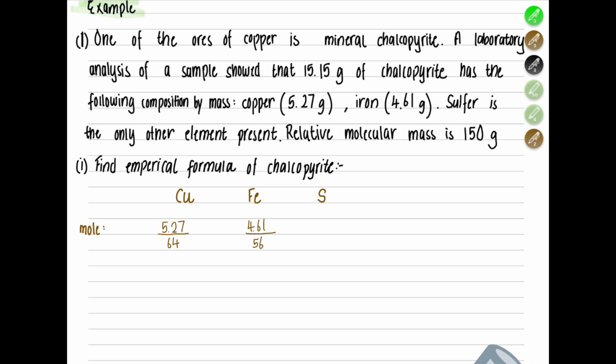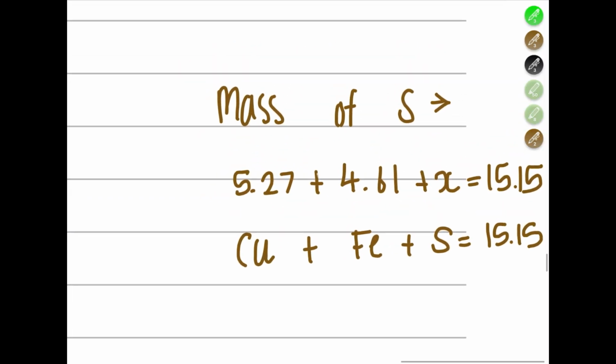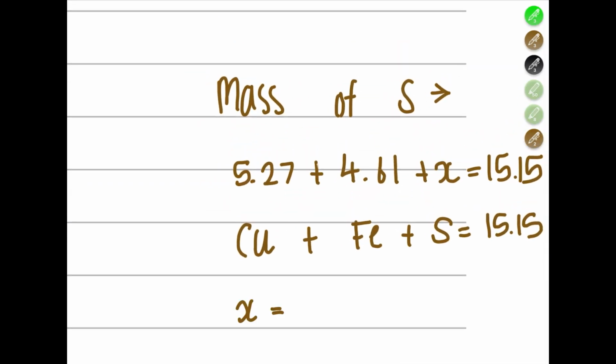And sulfur, they didn't mention the mass of sulfur, but we can calculate it. 5.27 plus 4.61 plus x equals 15.15. If you don't understand how, copper plus iron plus sulfur equals 15.15, right? So we know copper, we know iron, we can find sulfur.